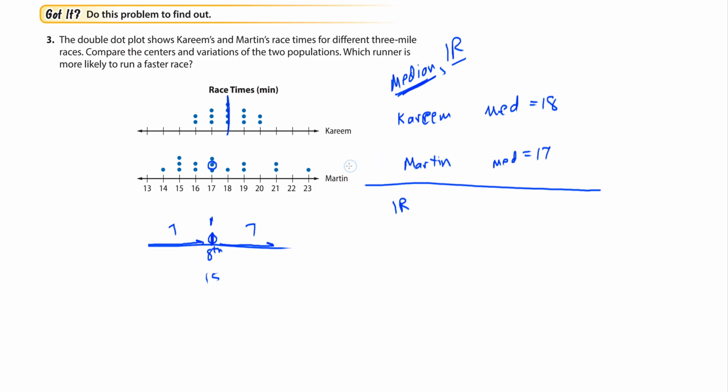For interquartile range, we need to know how many dots there are. For Martin, there's 15 dots. For Kareem, there's 1, 2, 3, 4, 5, 10, there's 14 dots. So for Kareem, we have 7 and 7, and then in the bottom 7, I'm going to have the 4th number.